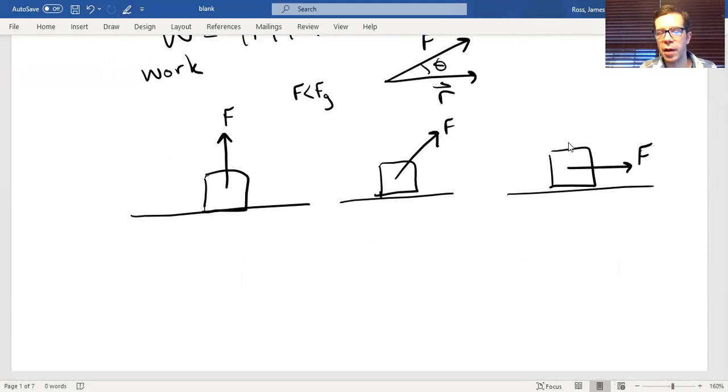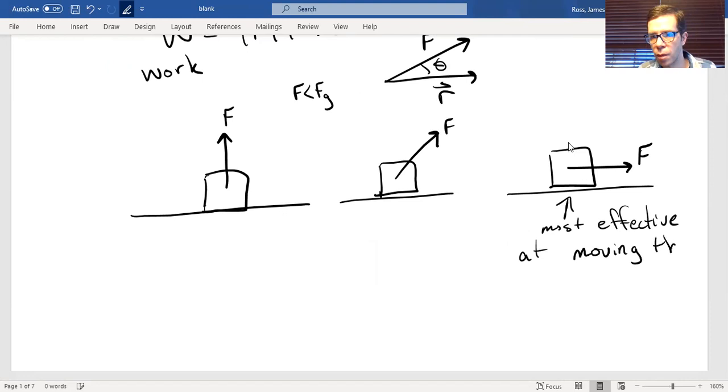If these are all the same magnitude force, well, let's assume that there's no friction here, because if there's friction, that can complicate it, right? If there's no friction, then this is the most efficient force at moving it, right? I'm going to note here that we're saying no friction.